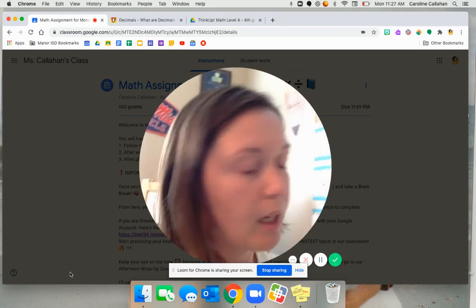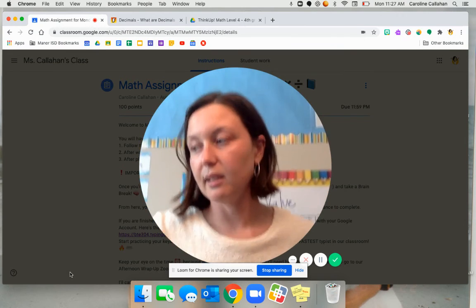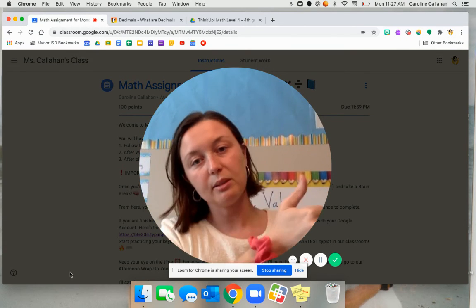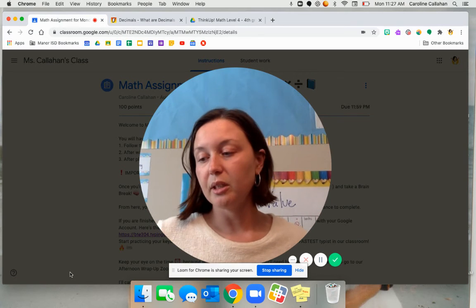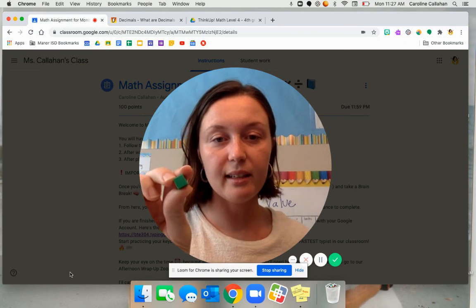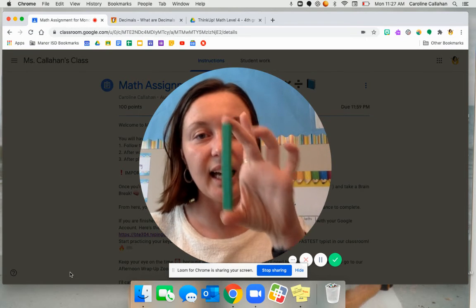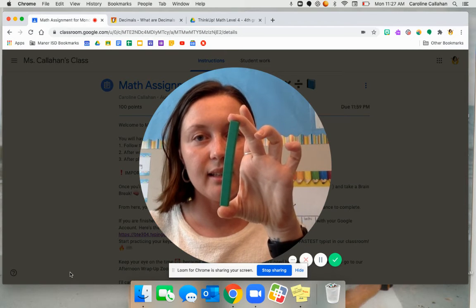We know that any number divided by that same number is always 1. So we are going to think now about decomposing the numbers. We were composing the numbers as we were moving up. Now we're going down in value, and we're going to decompose. 1 is 10 times less than this guy, right?